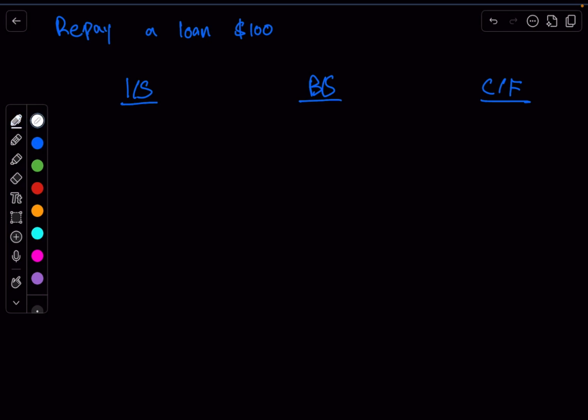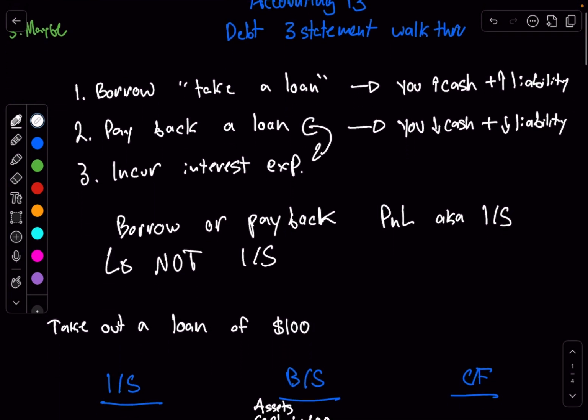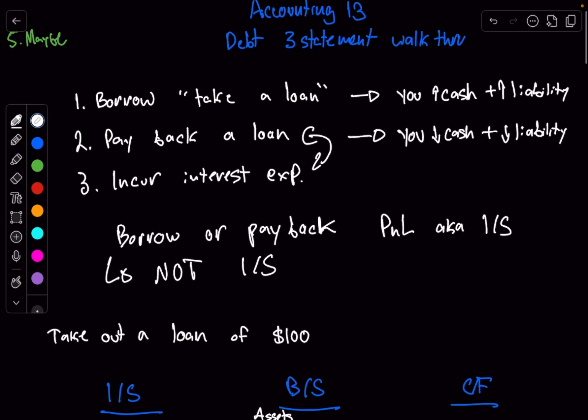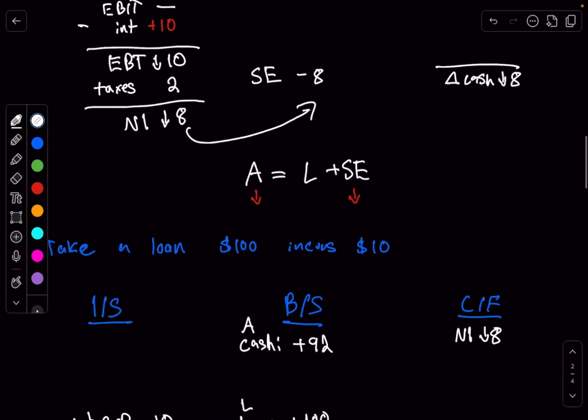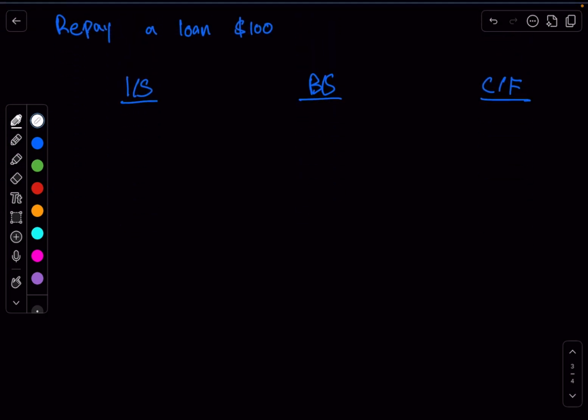Well, again, if we remember from the first page here, when we pay back a loan, does that show up on our income statement? Would you say that that is part of the profit and losses of a specific company? No, right? So when we move to this example, when we repay a loan worth $100, we're not going to see any adjustments on our income statement.